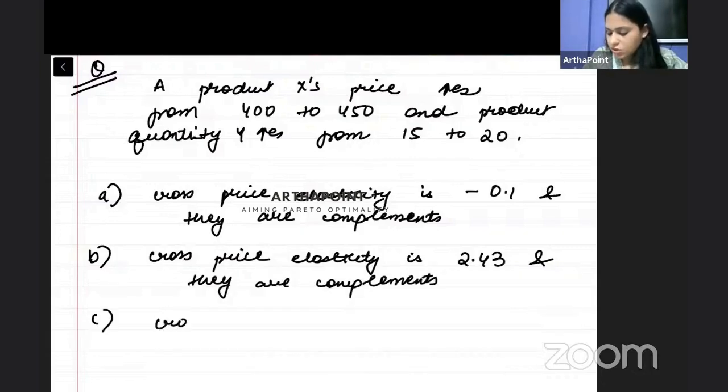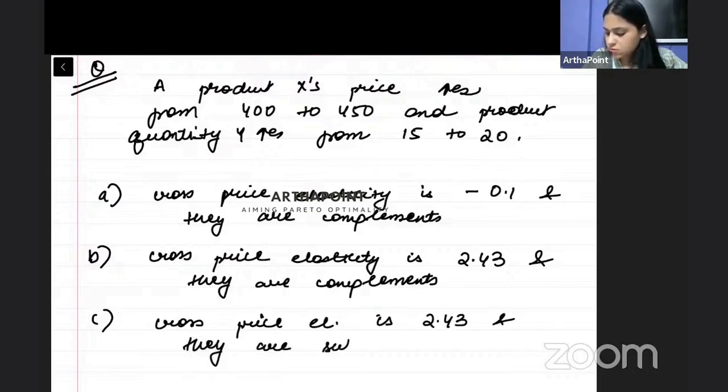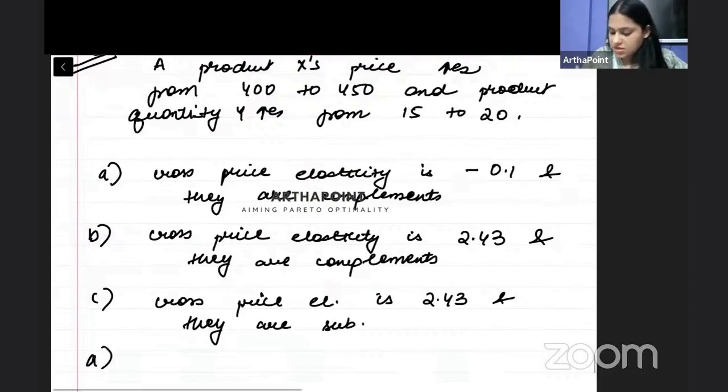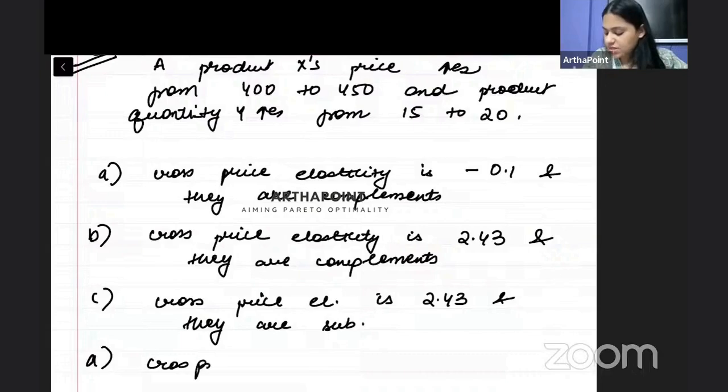Third, cross price elasticity is 2.43 and they are substitutes. Last, cross price elasticity is 0.3 and substitutes.